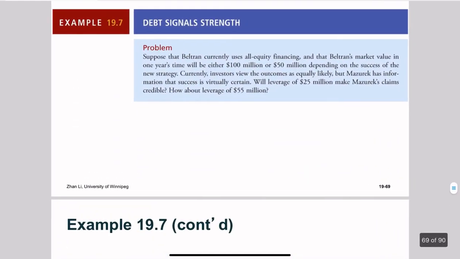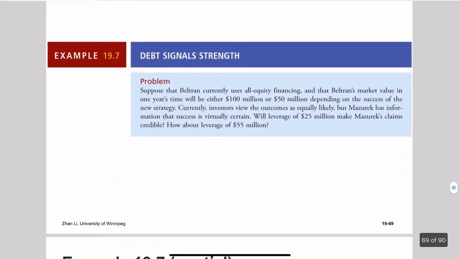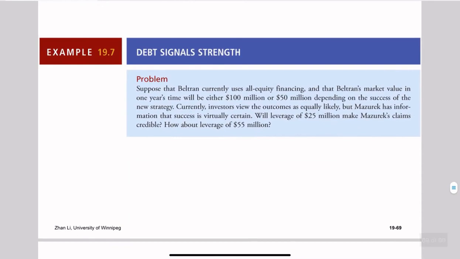So let's see this example here. Suppose that Beltran currently uses all equity financing, and Beltran's market value in 1 year will be $100 million or $50 million, depending on the success of this new strategy.